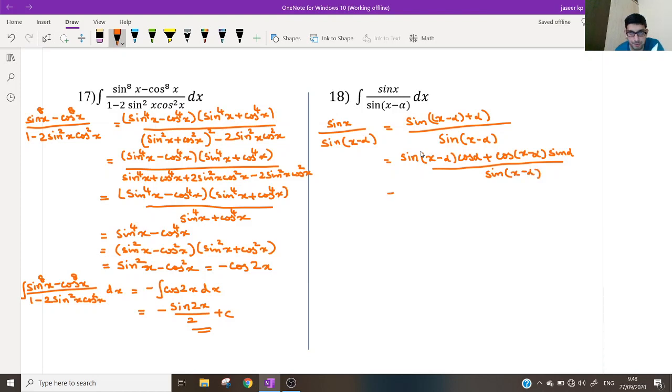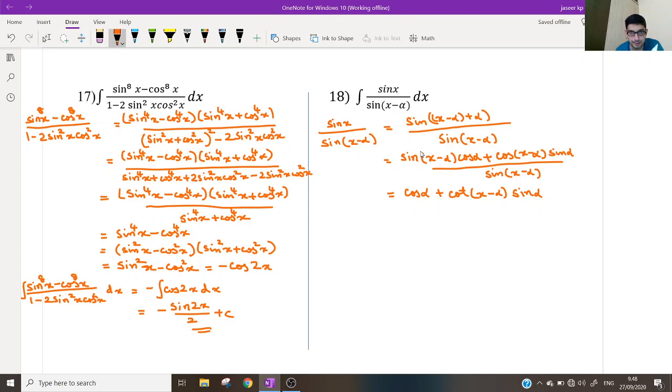So here if you take term by term, in the first term, sin x minus alpha will get cancelled. It will become cos alpha. Then second is cos x minus alpha by sin x minus alpha. That will be equal to cot x minus alpha into sin alpha. So this is the simplified form.